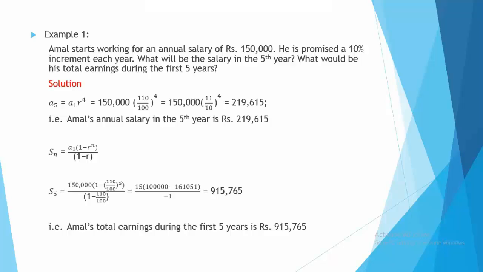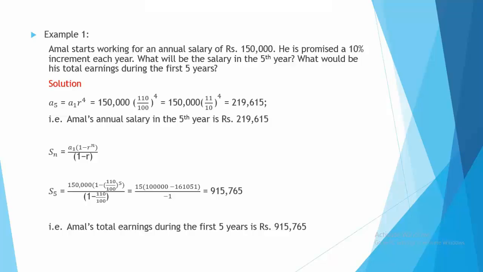So a5 equals a1 times r to the power 4, which equals 150,000 times (110 over 100) to the power of 4, which equals 150,000 times (11 over 10) to the power of 4, which is 219,615. That is, Amal's annual salary in the 5th year is 219,615 rupees.